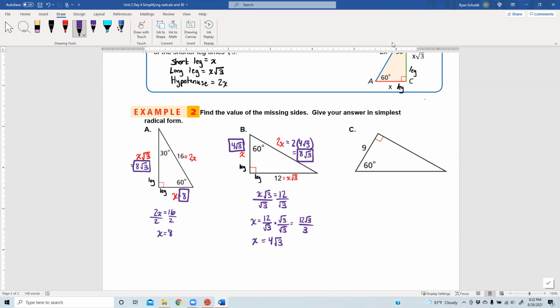Now for the next one. Again, first step, label your legs. There's a leg, there's a leg. So which one's my short leg? It looks to be this one over here on the left. That means the long leg is on the right and the hypotenuse is on the bottom.